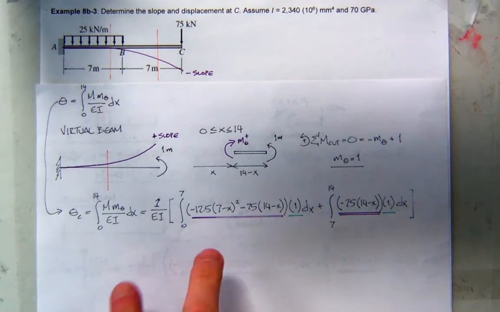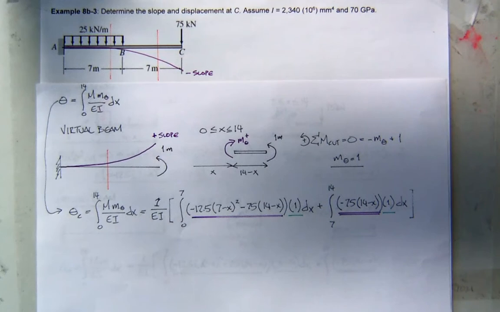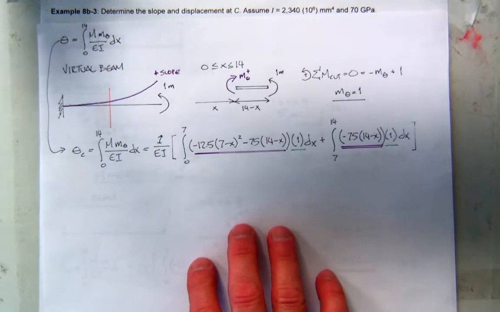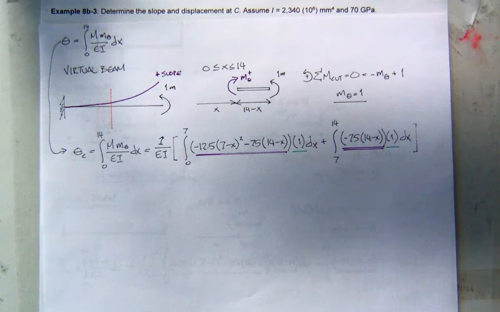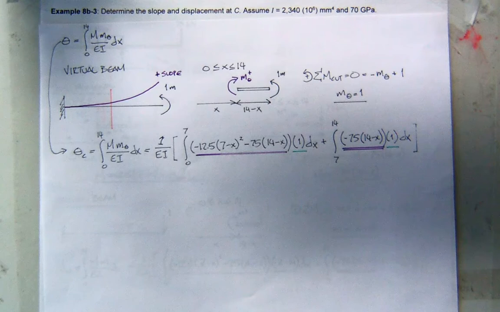So again, if you could do that integration, you would get the rotation at C. So again, I'll do that one for you too and provide a calculation just to show you that. But if I gave you this on the exam, again, all you'd have to do is just stop at this expression. I think on the exam I'll just call it the virtual work expression or the virtual work equation. I may say the virtual work integral just to make it clear.